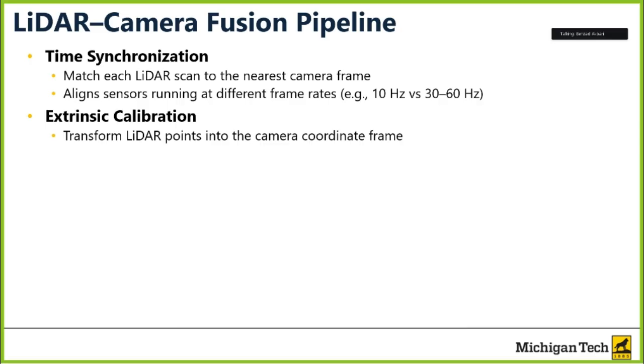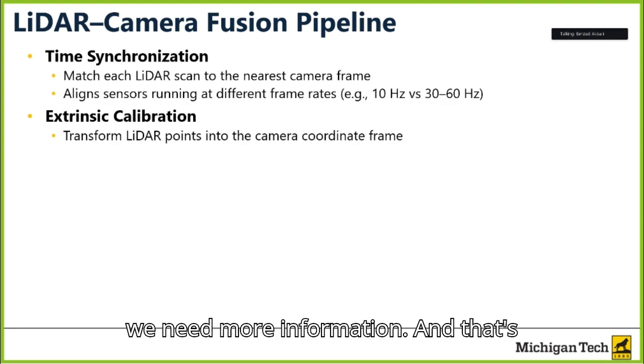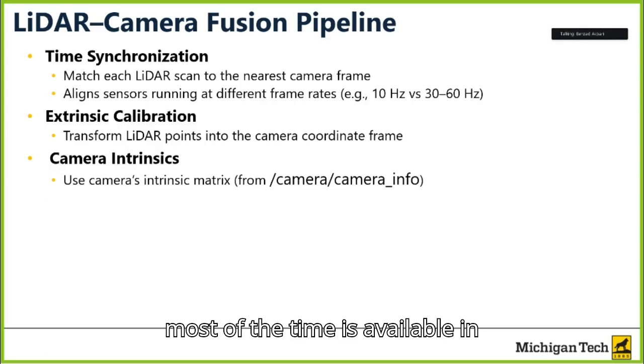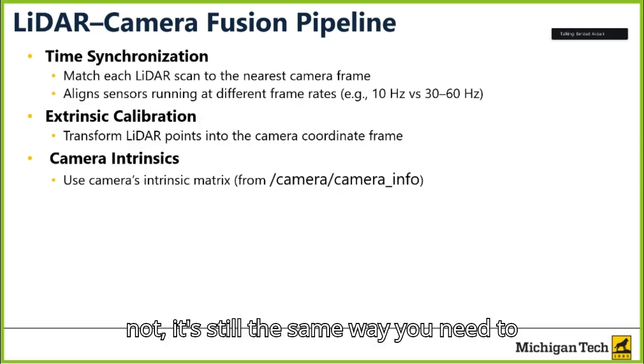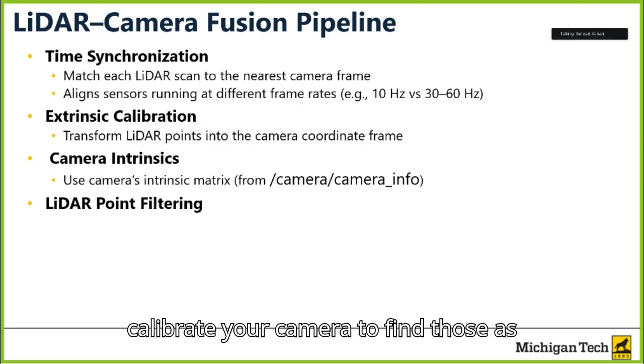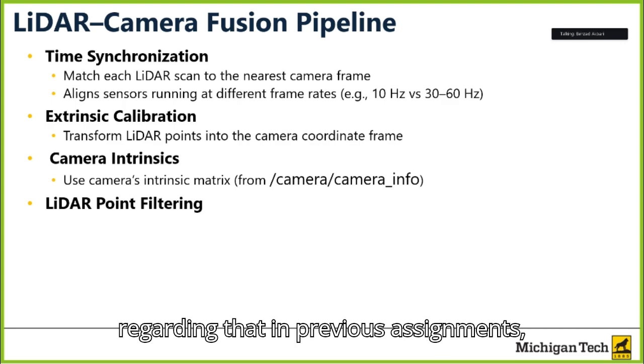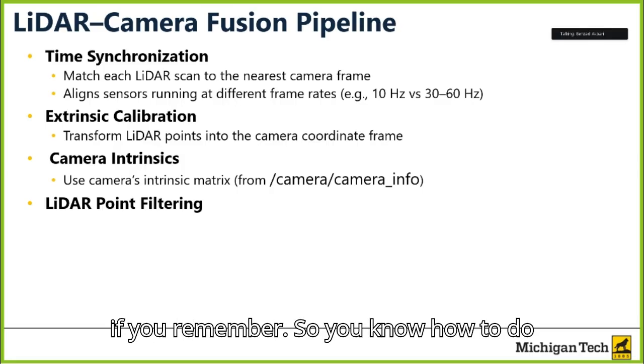If you want to show it in 2D image space, we need more information, and that comes from camera information, like the principal point and focal length. Intrinsic information is most of the time available in the camera information, and if it's not, you need to calibrate your camera to find those as well. We had some experience with that in previous assignments, if you remember, so you know how to do that.